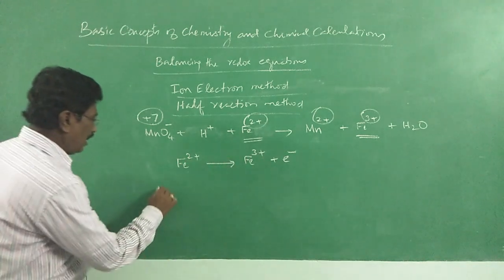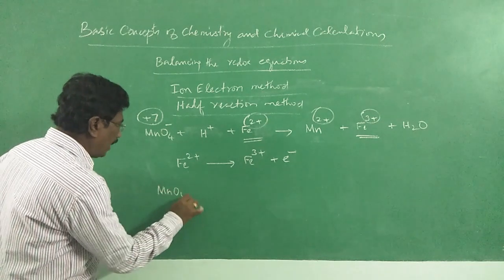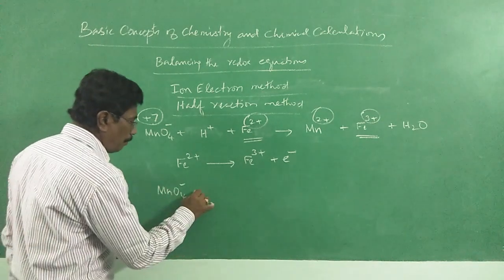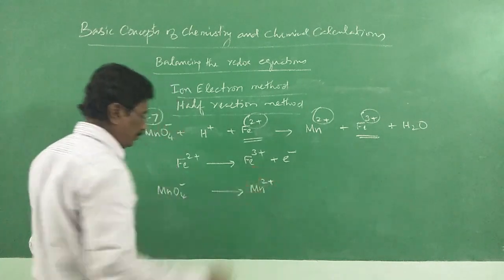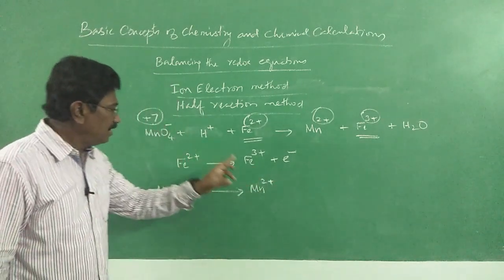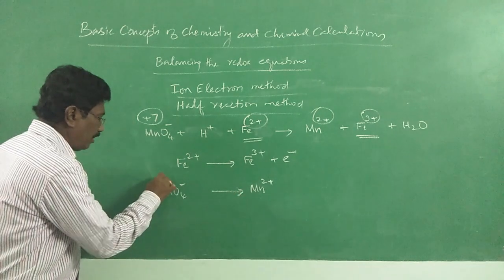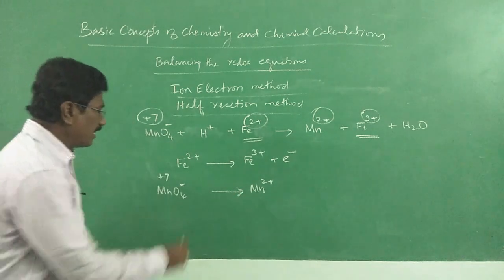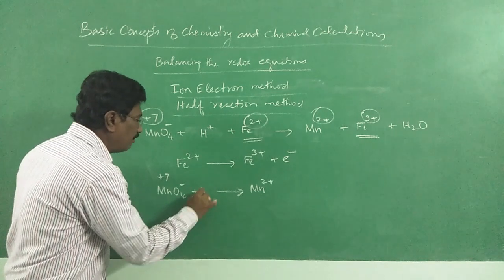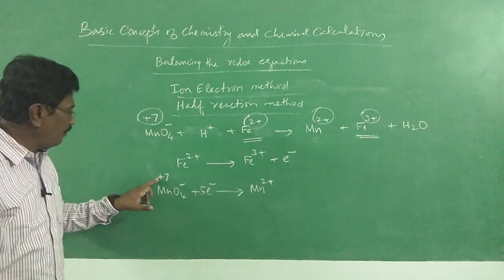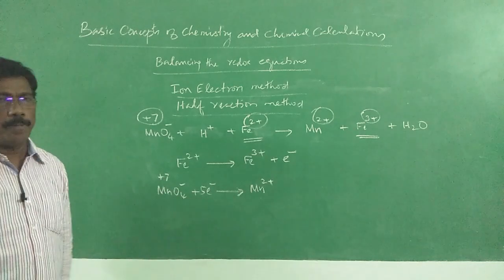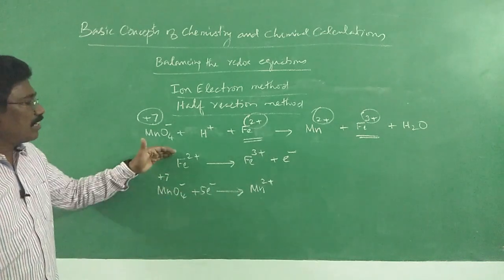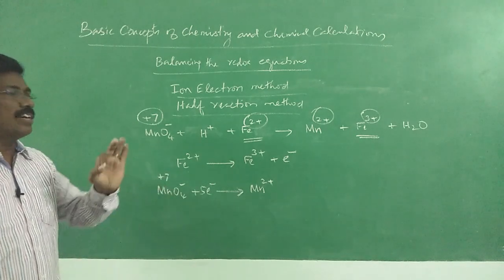Whereas MnO4 minus gives Mn2 plus. Manganese is reduced from plus 7 to plus 2. How? By the gain of electrons. How many electrons? 5 electrons. Plus 7 minus 5 will give plus 2. It gained 5 electrons.